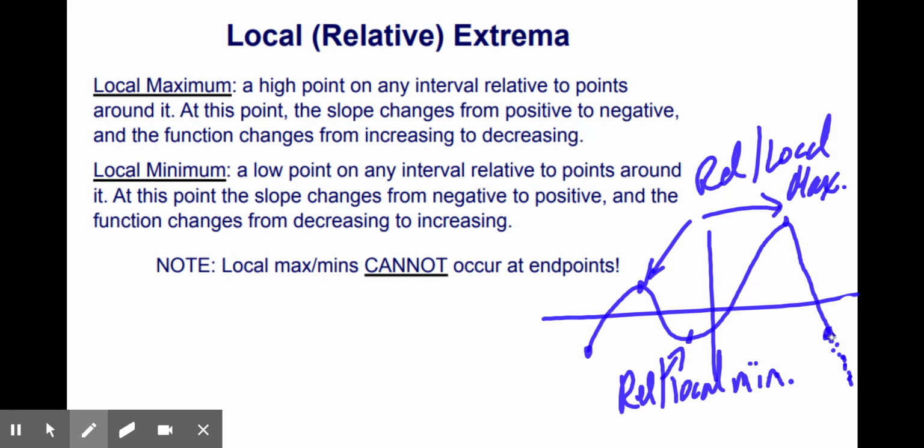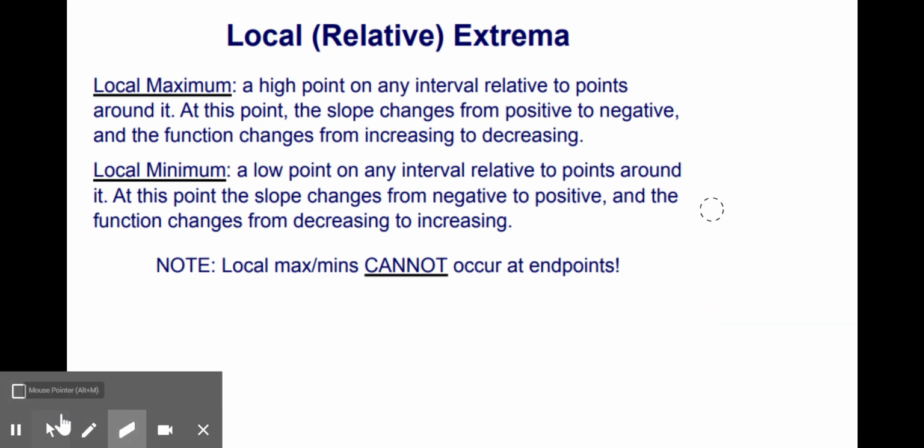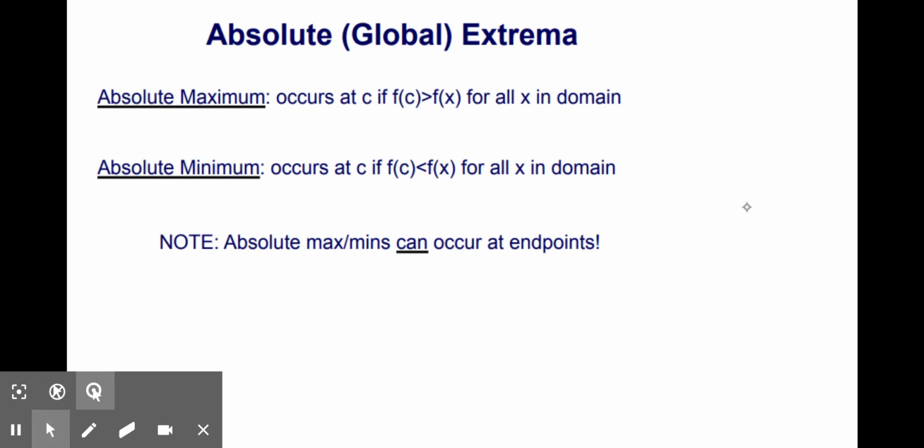So local mins and local maxes cannot occur at endpoints. Local mins or local maxes are traditional mins and maxes, where the graph changes from increasing to decreasing for a max or decreasing to increasing for a min. Okay, so let's keep going, because let's introduce something that maybe you haven't seen before.